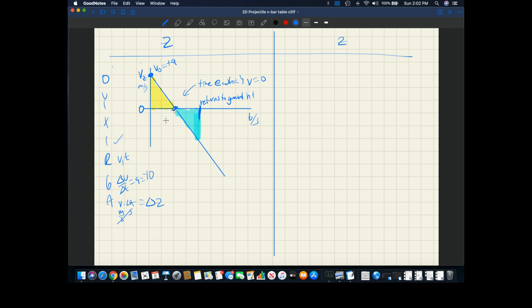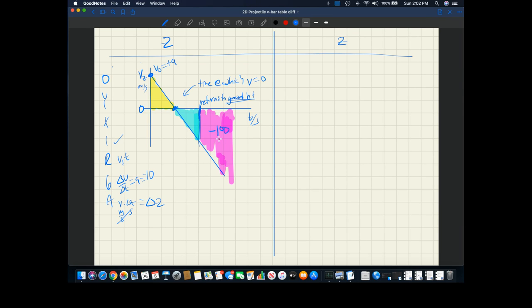So the x-intercept is where the velocity is 0. Twice that time is when it returns to ground height, and then the net displacement is 0. And then what we know after that is that this remaining area, whenever it hits the ground, that area must be equal to minus 100, that purplish or that magenta area. So that's our VT graph.